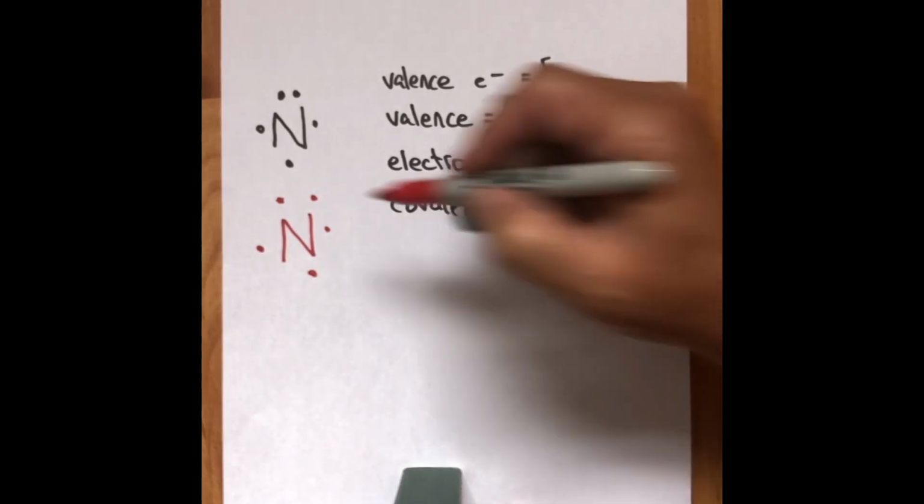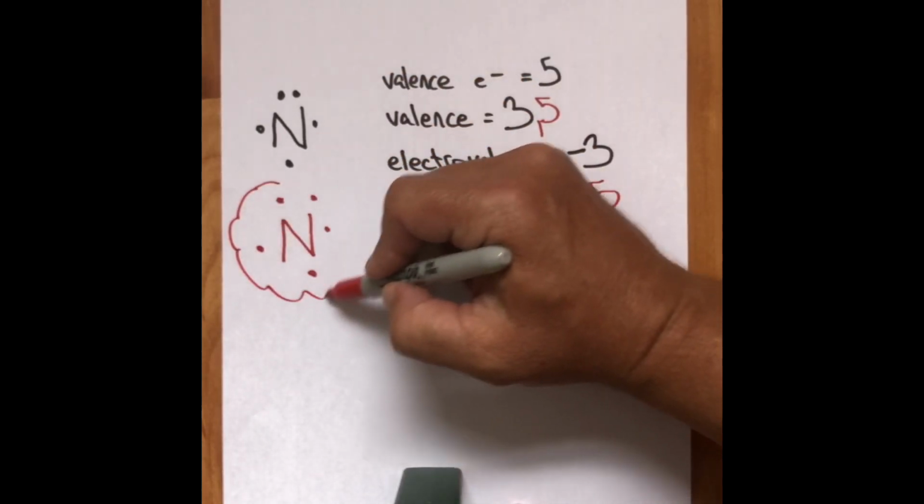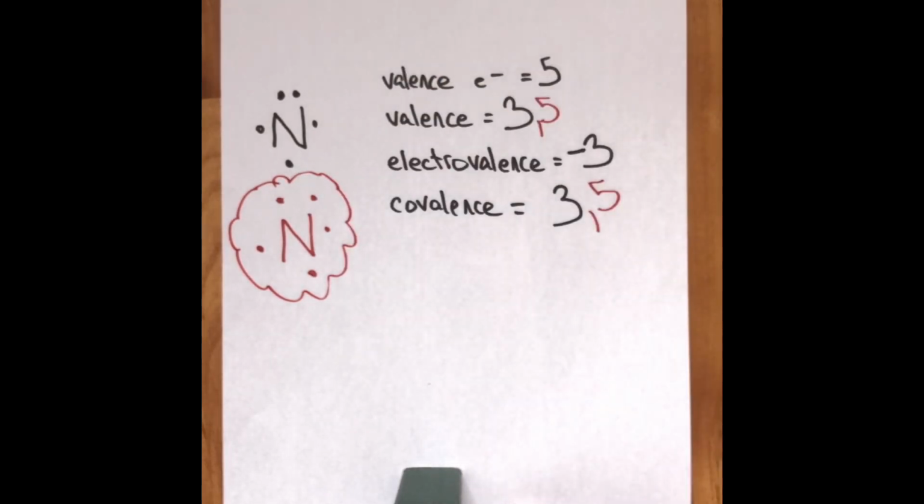Couple of things. We never, ever draw nitrogen like that. So if I ask for the Lewis dot diagram of a nitrogen atom, don't ever draw it like that. Okay? You're always going to draw it like this. Now, these exceptions make it interesting, and this is where the octet rule doesn't fall into place all the time.